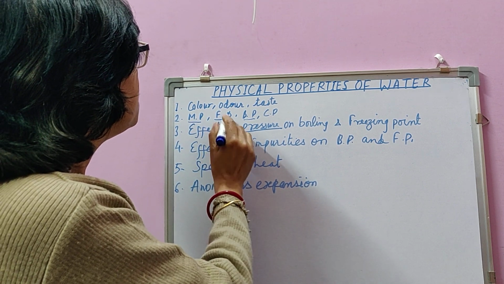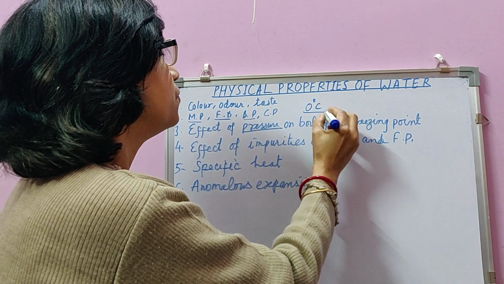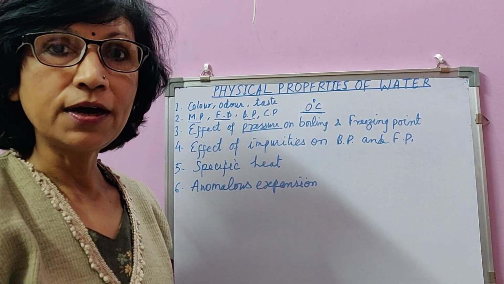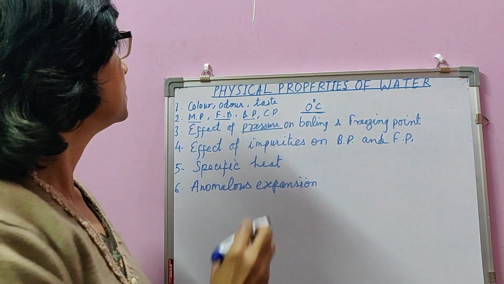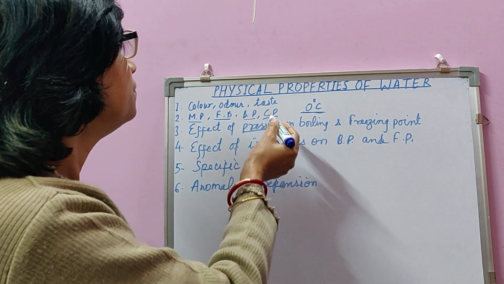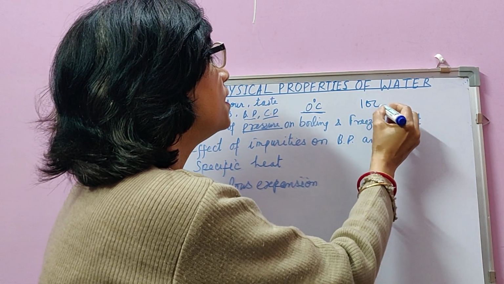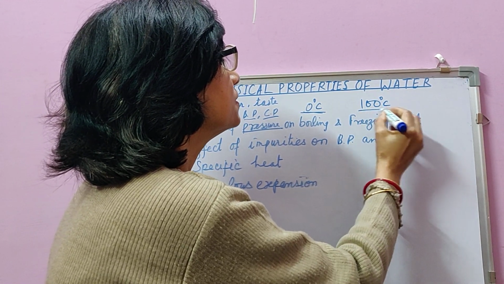Melting point and freezing point are the same, and that is 0 degrees Celsius for water, and so for other pure substances. And boiling point and condensation point are the same for water and other pure substances, and that is 100 degrees Celsius.